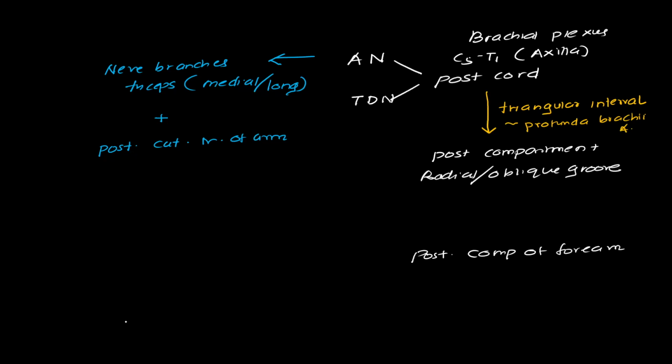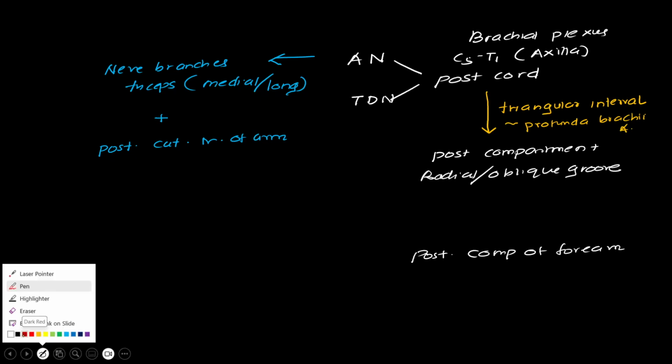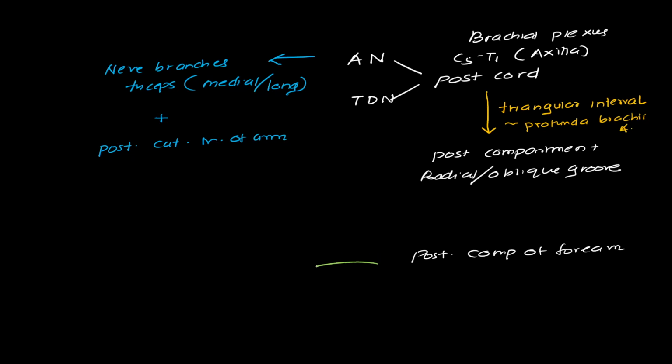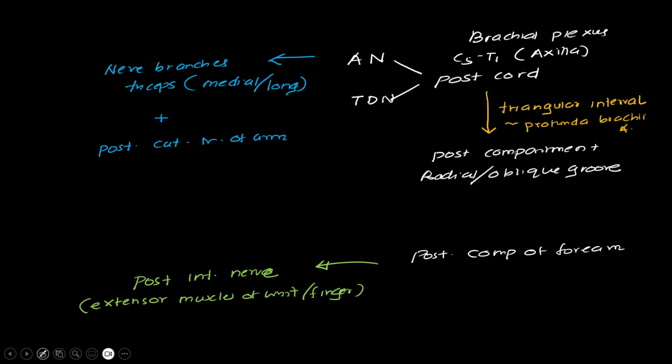Now, as it comes to the posterior compartment of the forearm, it branches off to give the posterior interosseous nerve, which provides innervation to all the extensor muscles of the wrist and the joints of the fingers. So it is involved in extension of the wrist joint and the extension of the fingers.